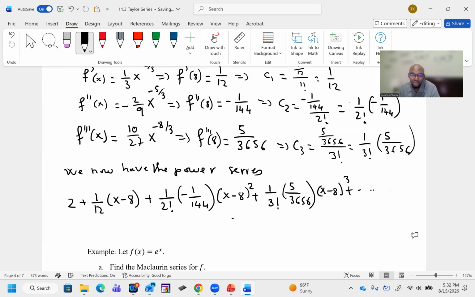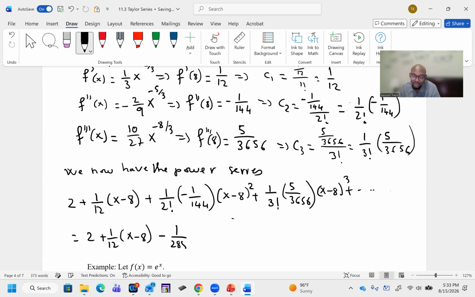So which will be equal to what? Okay, let me write this one down. This will be equal to 2 plus 1 over 12 times (x minus 8), minus 1 over (2 factorial is 2, times 144 is 288) times (x minus 8) squared.